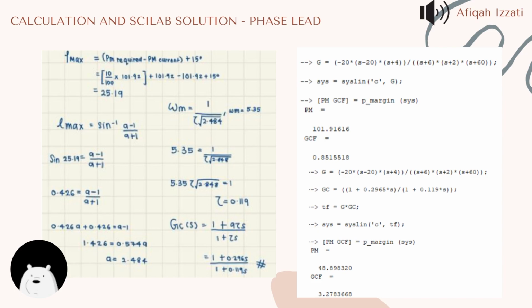And after we multiply the initial transfer function with the new transfer function, the new phase margin is equal to 48.898, and the gain crossover frequency is equal to 3.278.